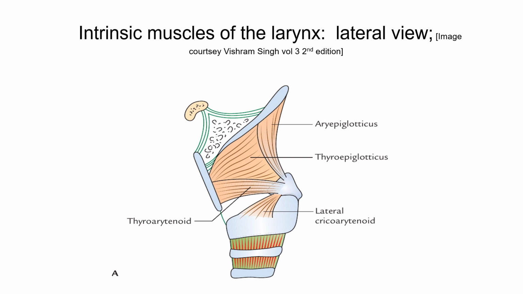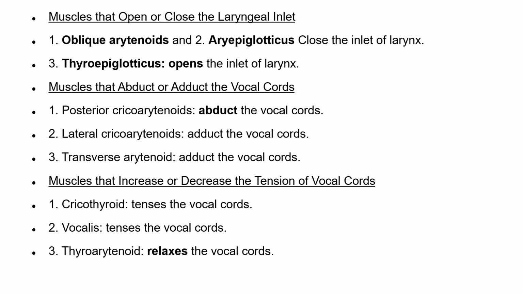Now, according to the name, you can already guess between which cartilage and which cartilage these muscles are present. So now let's see some important points regarding the intrinsic muscles. As we have seen, the main functions of the intrinsic muscles of the larynx are opening and closing of the laryngeal inlet, abduction and adduction of the vocal cords, and to increase and decrease the tension of the vocal cords.